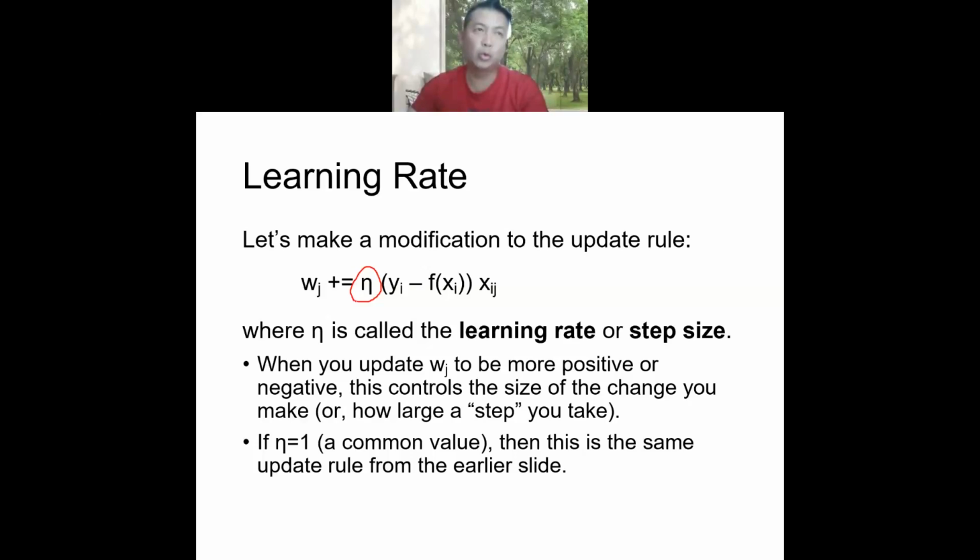Too small or too big learning rate will not get you to the lowest cost reduction, because you tend to skip the lowest cost.